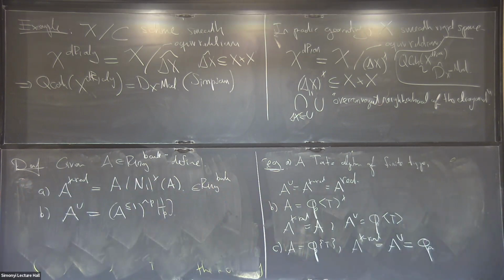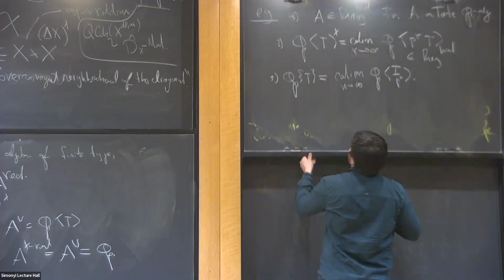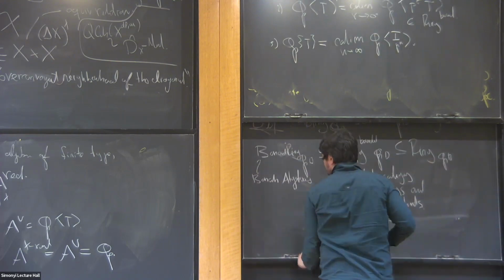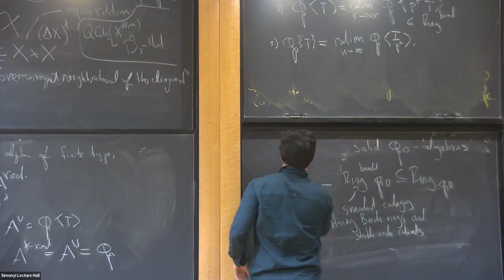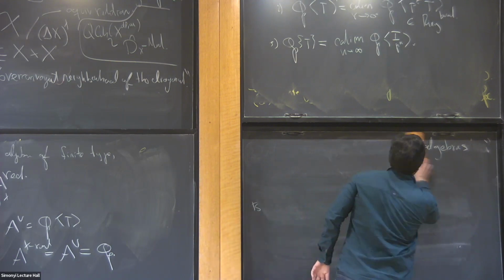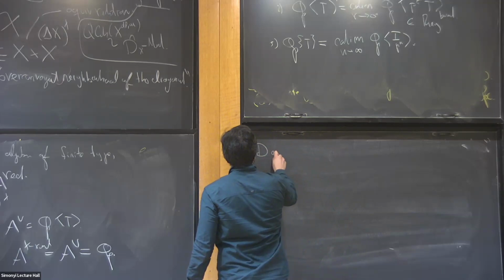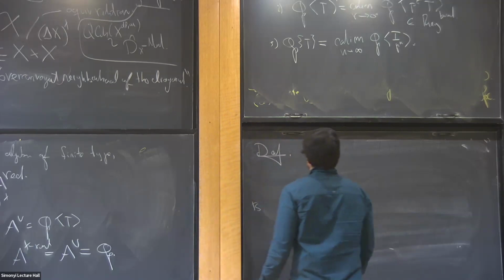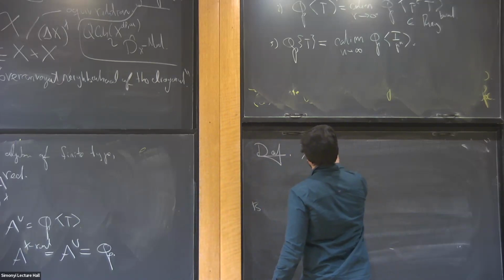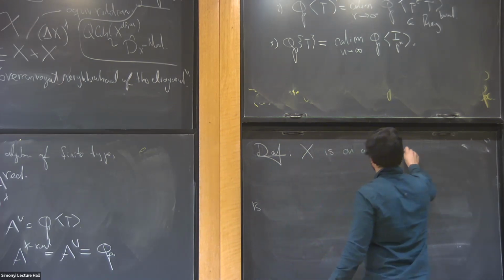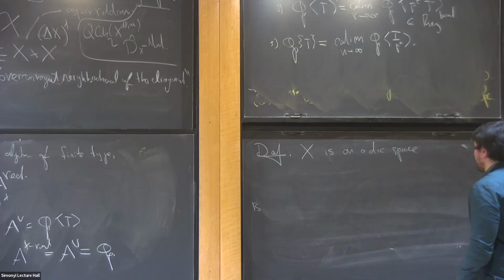So let me state the definition and maybe just a working example theorem of this analytic de Rham stack. So definition. Let's say X is an analytic space. We can just make the definition more general for analytic stacks.